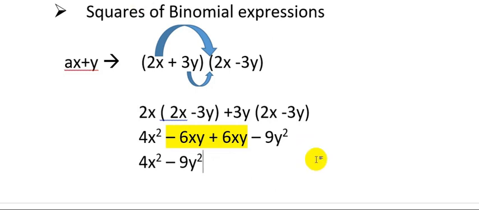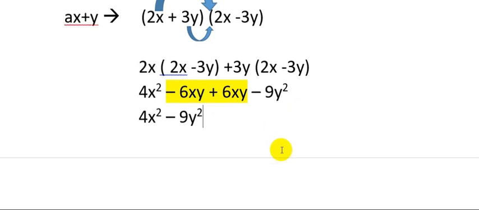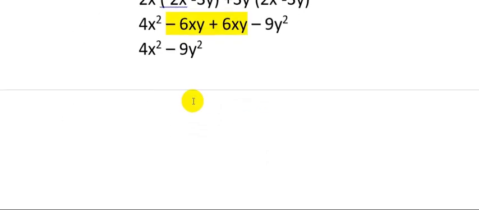So let's take another example. Let's say expressions consisting of fractions.